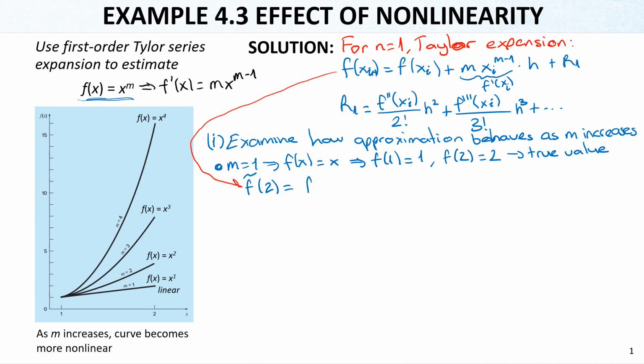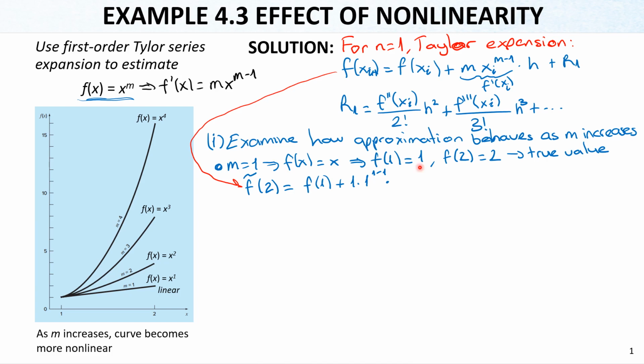This is equivalent to f(1) plus m is 1 times x_i is 1 to the power m minus 1, which is 1 minus 1, times h.